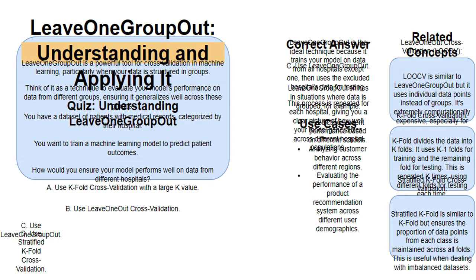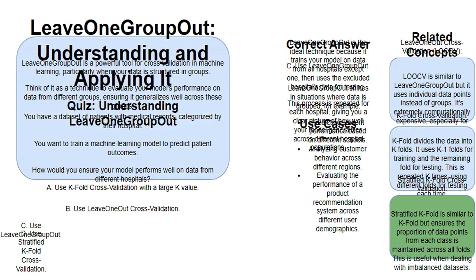With K=3, you would divide the data into 3 folds. In the first iteration, you would train the model on folds 1 and 2, and test on fold 3. This process is repeated for each fold, resulting in 3 iterations.